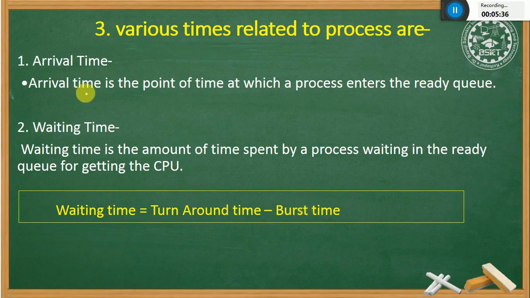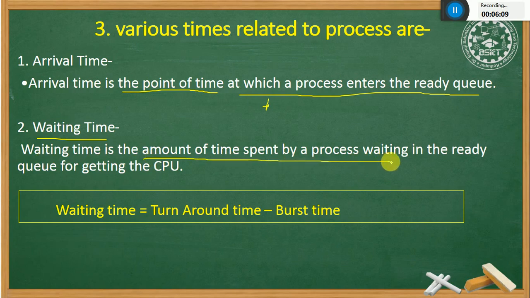Arrival time is the point of time at which a process enters into the ready queue. A time slot or time point at which a process enters into the ready queue is called arrival time, when it arrives in the ready queue. Then waiting time.